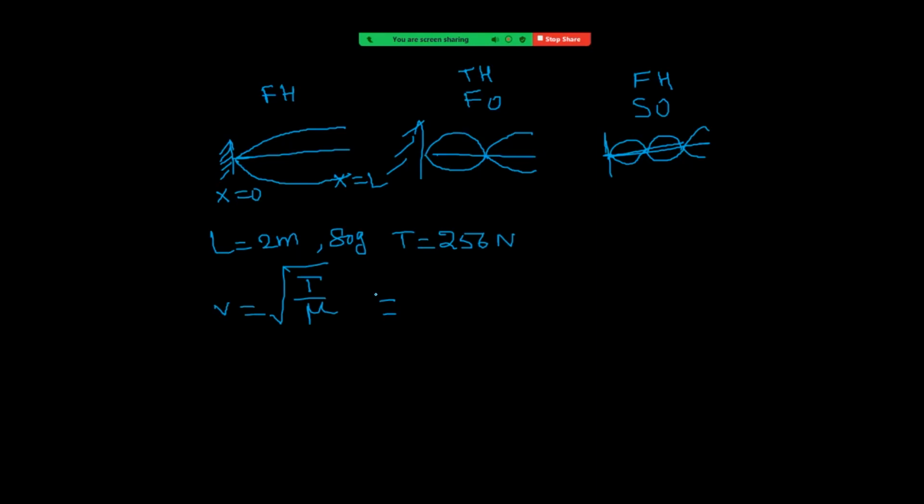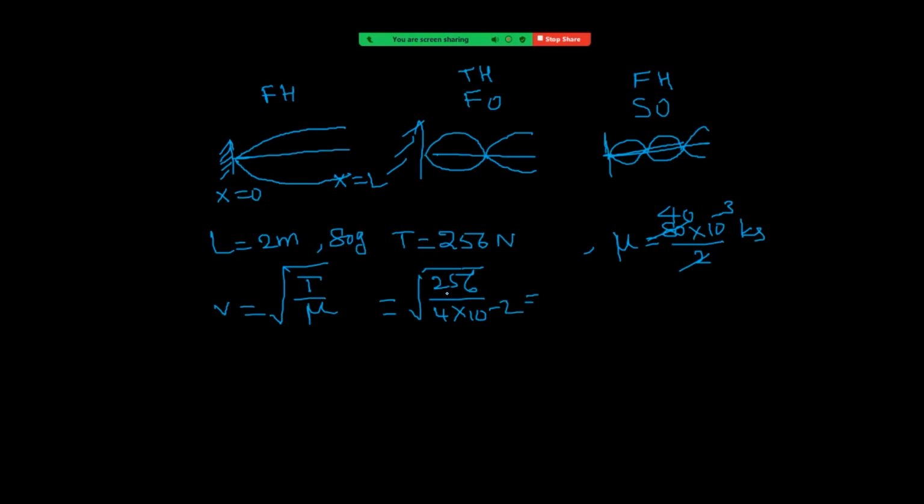Mu equal to 80 10 power minus 3 kg divided by length, which is 4 10 power minus 2. So here, root of 256 by 4 10 power minus 2. Then see how much we get.